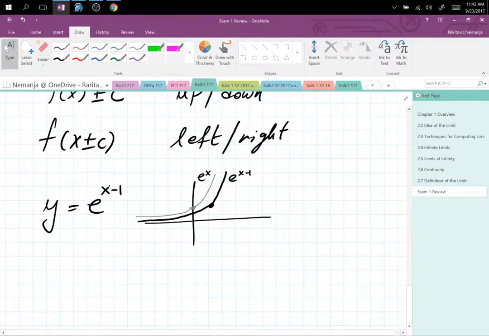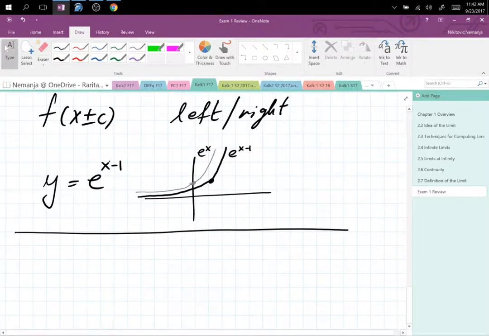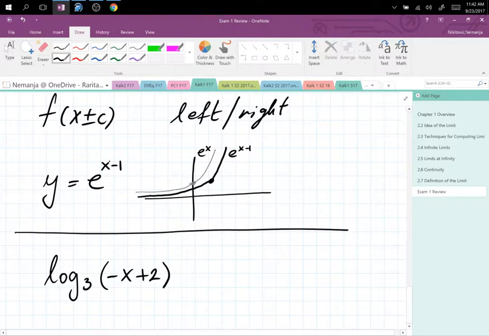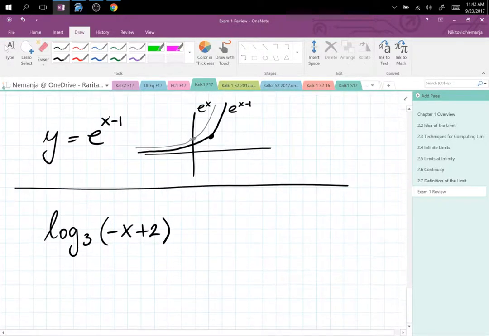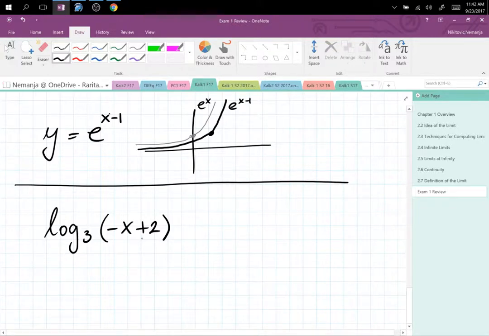Which actually reminds me of that evil situation. Let's take a look at log base 3 of negative x plus 2. Is this a shift to the left or a shift to the right? So now, if you recall, you have to factor this negative sign.